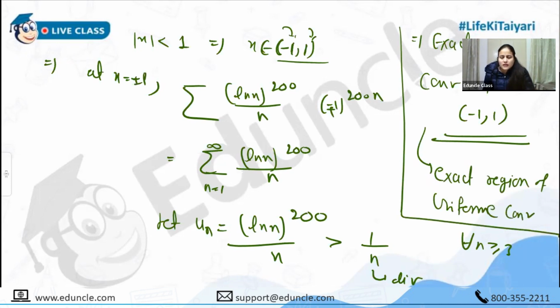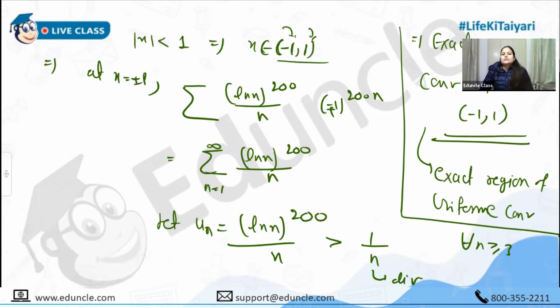Correct na? And let me repeat it again. The meaning of exactness is what? Exact region. What is the meaning of exact region? As I am talking about exact region, that means I am including boundary points. मैं boundary points को भी include करके बता रही हूँ. ये मतलब है मेरा exactness का. ठीक है. और मैंने आपको बताया था the exact region of convergence and exact region of uniform convergence are same.